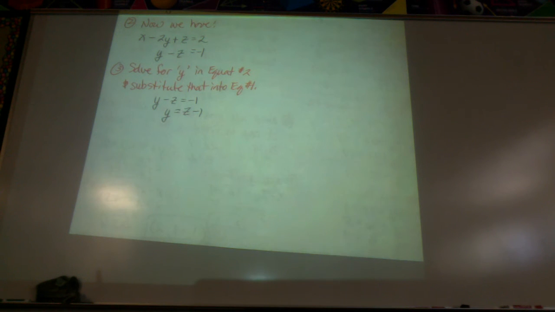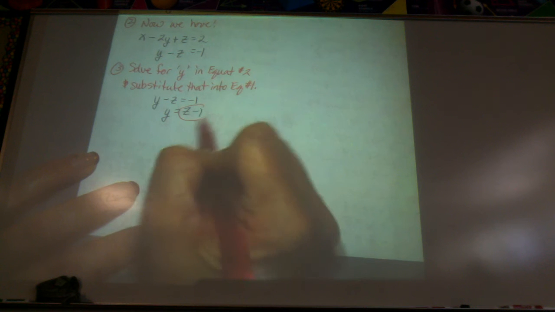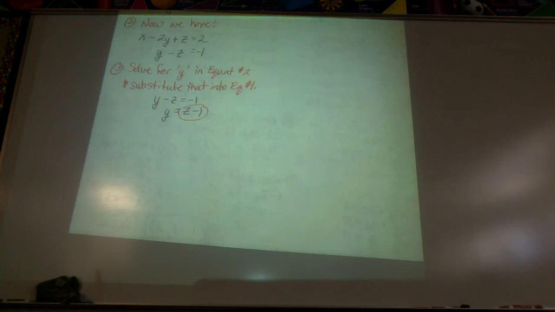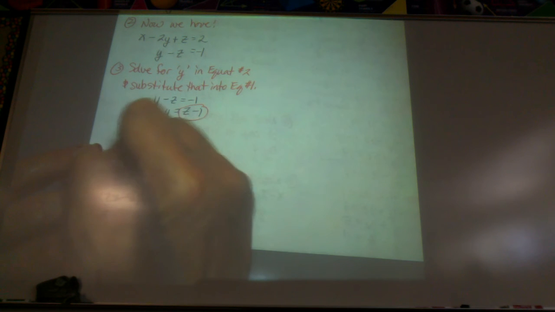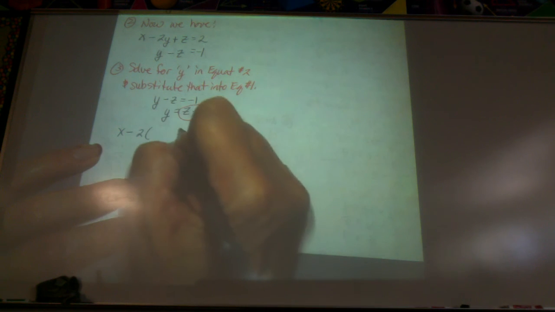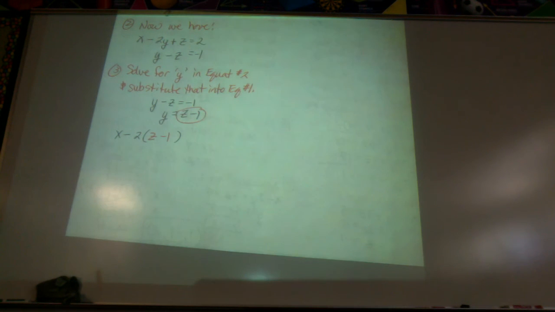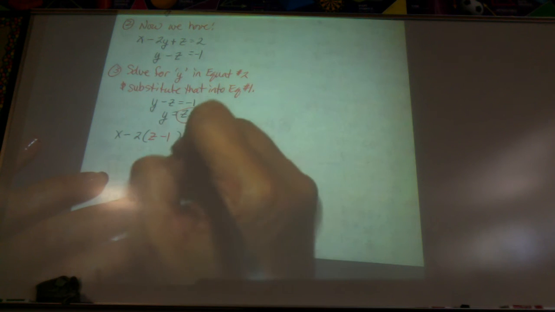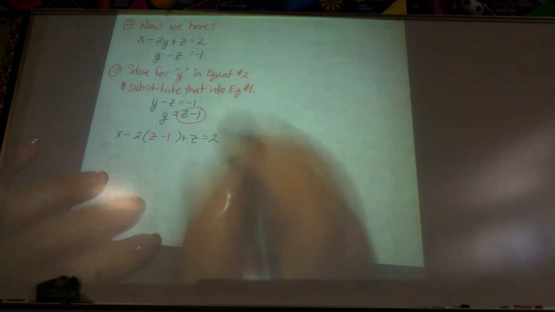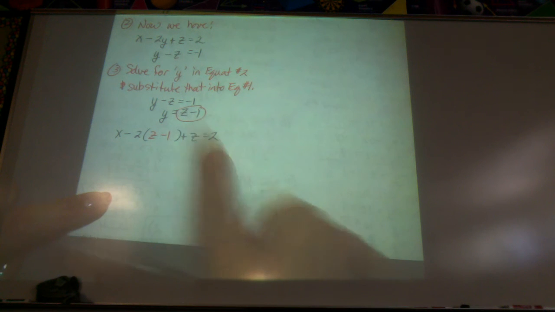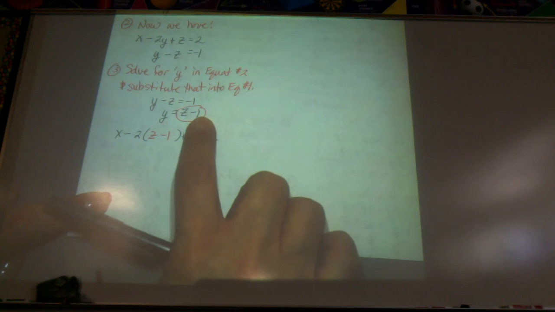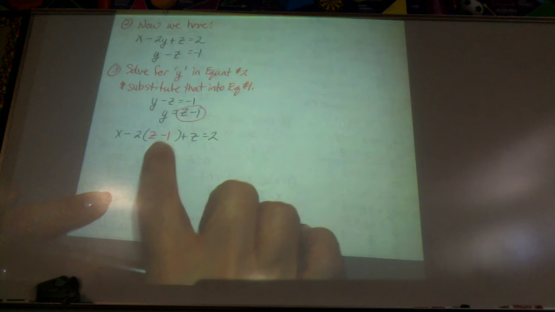So I'm going to take this value right here, and I'm going to plug that value in for the y in the first equation. Okay? So here's your first equation, x minus 2, and instead of y, we are replacing it with z minus 1. So we're using substitution into the other equation. Plus the z equals 2. So that's the original first equation. We plugged in what we came up with for the second equation that we solved for y into here.